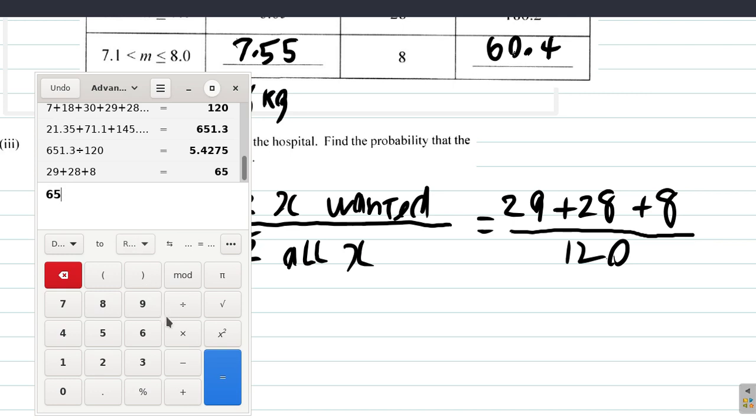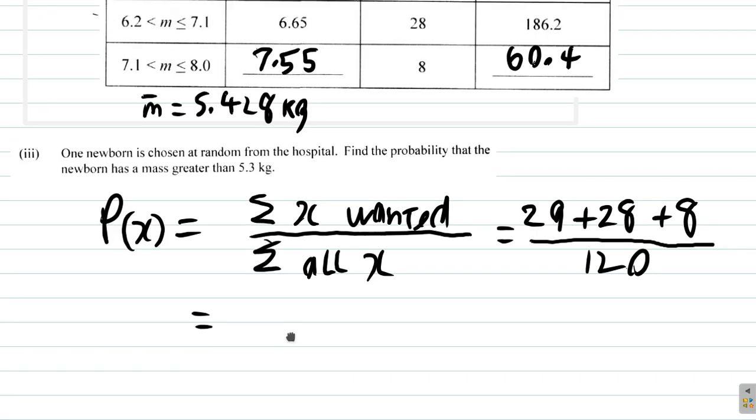And then we say 65 divided by 120. We want it as a fraction, so don't put it as any decimal at any point, especially when it's a recurring decimal like this. It can be in percentage or a fraction, but since the decimal doesn't give an exact value, leave it as a fraction. 65 over 120.